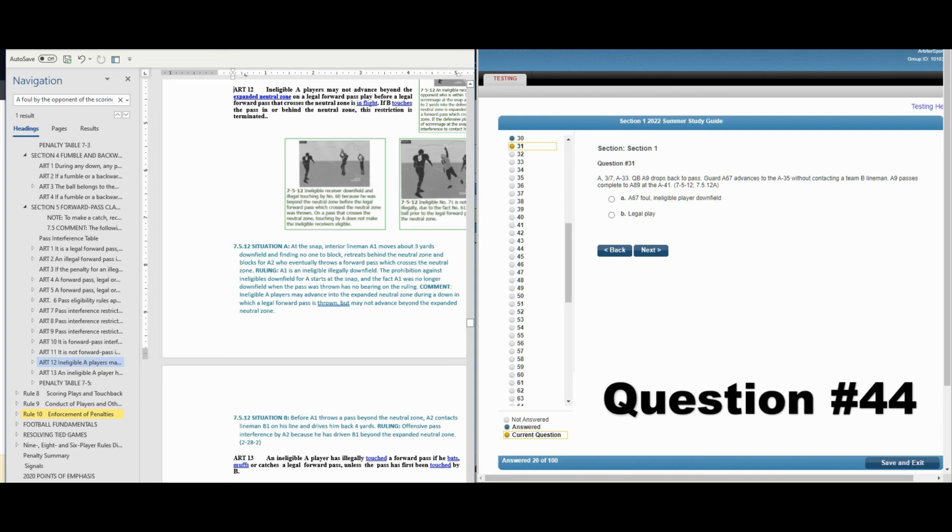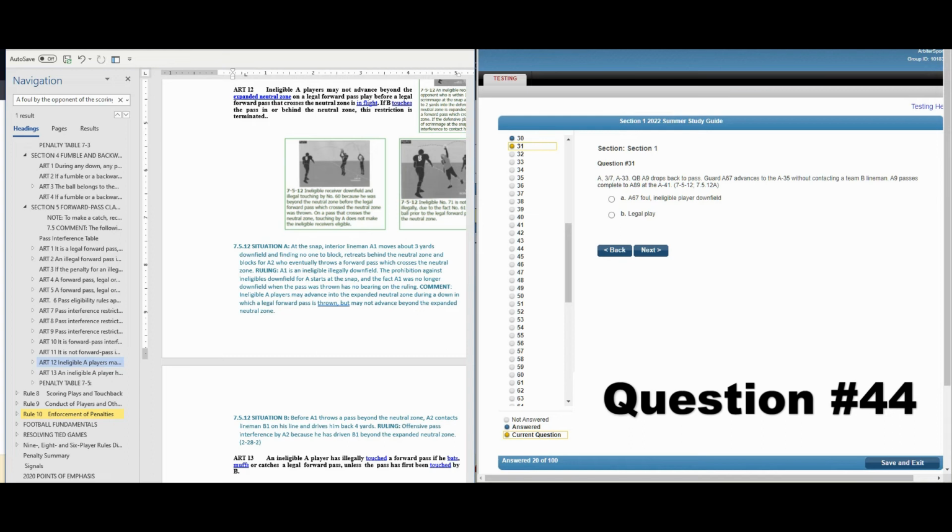All right, question 31. A 3rd and 7 from the A33. QB A9 drops back to pass. Guard A67 advances to the A35 without contacting a Team B lineman. A9 passes complete to A89 at the A41. So, we've got an offensive lineman going 2 yards beyond the line of scrimmage, so he's still within the expanded neutral zone.